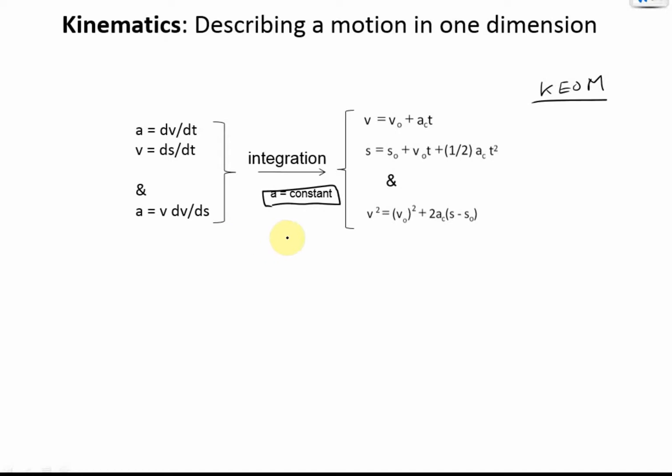Then we can expand these equations into curvilinear motion. Curvilinear motion means your particle, instead of moving in a straight line, follows a curvilinear path. So we can apply these equations to describe curvilinear motion as well.